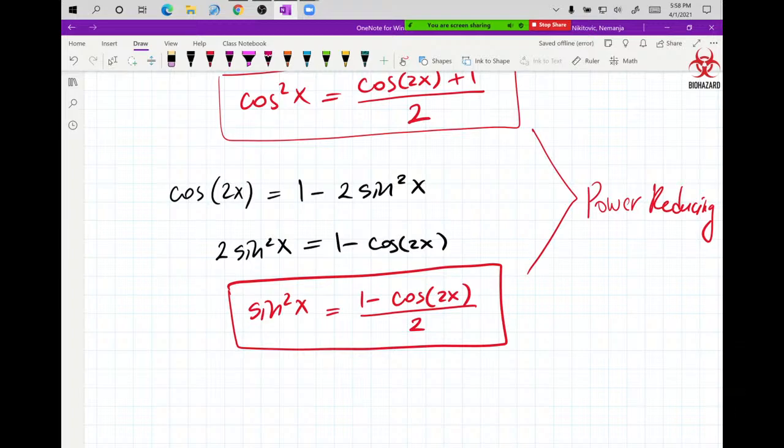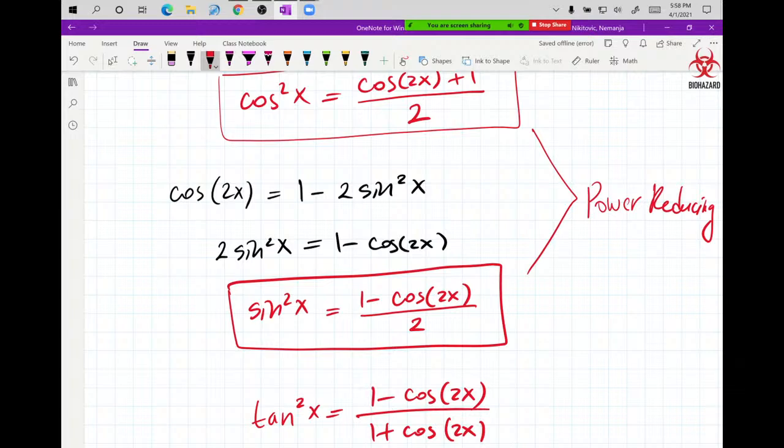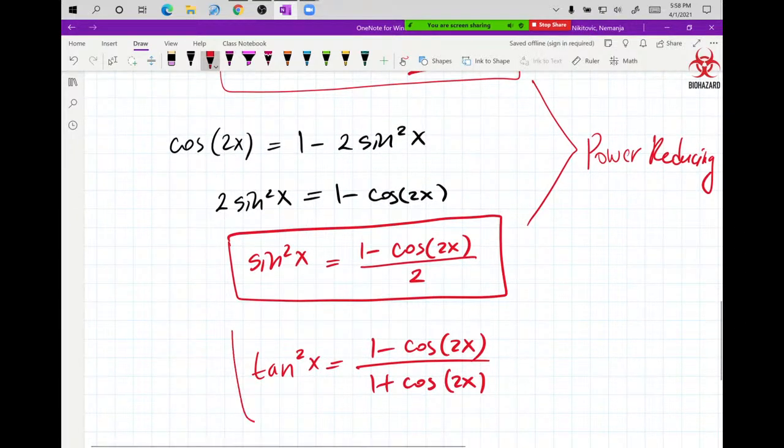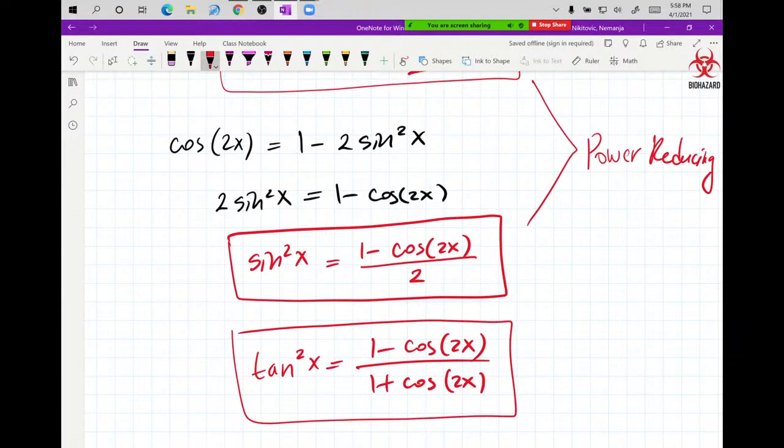And you can easily obtain the tangent as well, because you just need to divide sine by cosine. So you'll get 1 minus cosine 2x over 1 plus cosine 2x. That's easy. And you can just say over here, tangent theta equals sine theta over cosine theta.